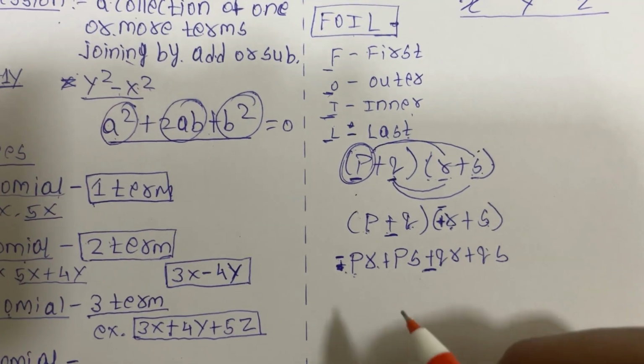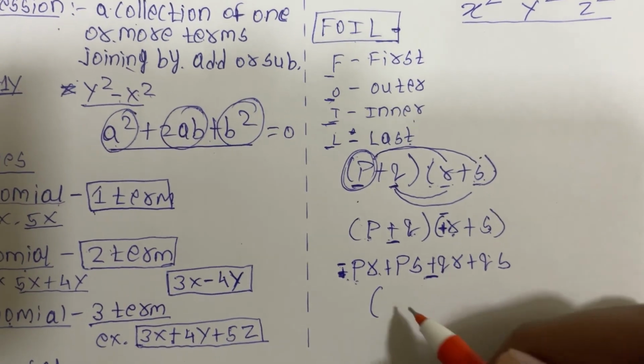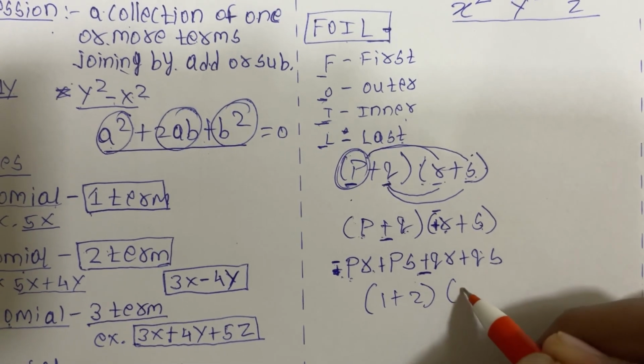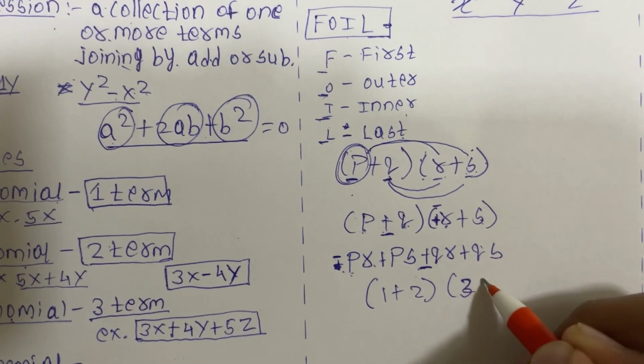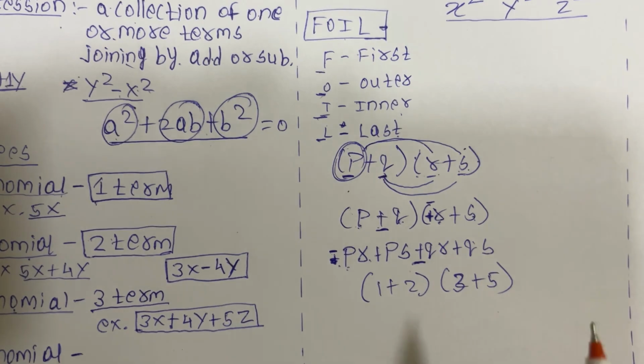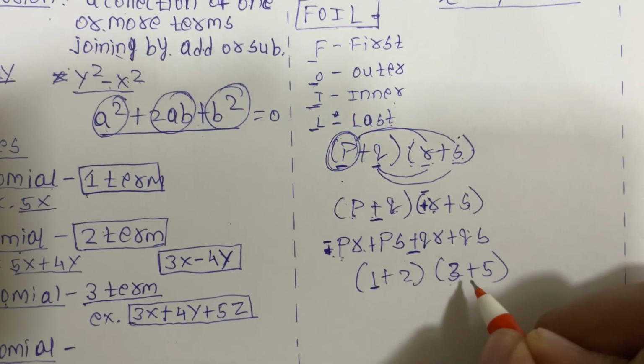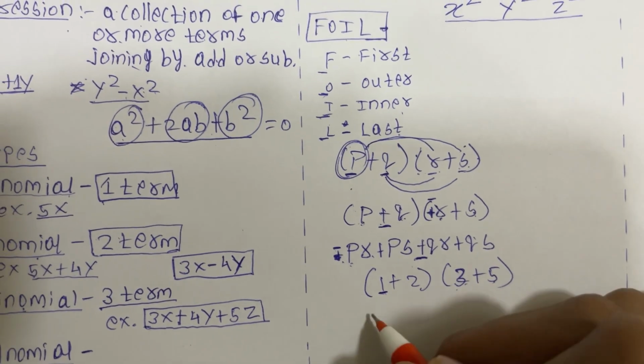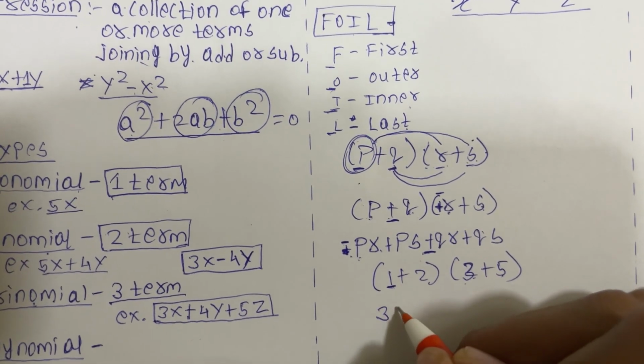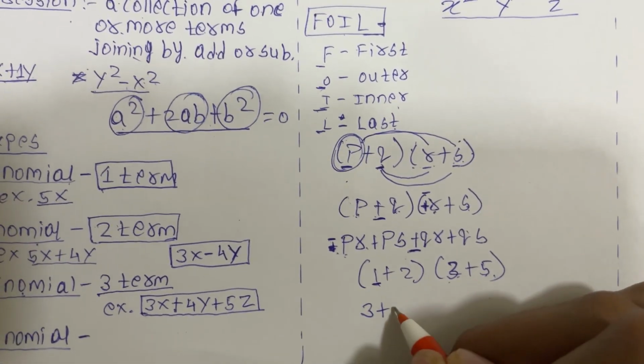Let's solve this using numbers. For example, 1 plus 2 into 3 plus 5. How is this solved using the FOIL method? First we take one term and multiply with 3 and 5. So 1 into 3 is 3, right? Plus 1 into 5 is 5.